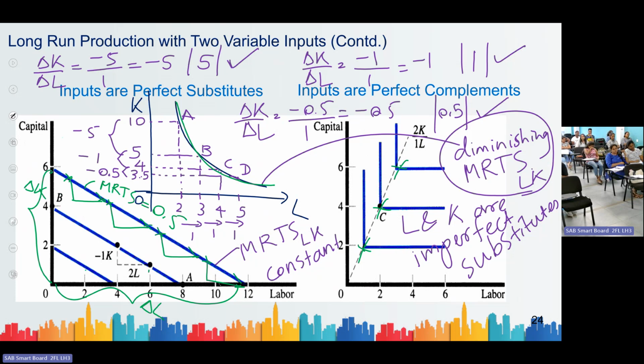For example, let's think about a pharmaceutical company producing a kind of medicine. They have to combine chemical 1 and chemical 2. Chemical 1 is mandatory. Chemical 2 is also mandatory to produce the medicine. So let's say the firm should combine 2 units of chemical 1 and 1 unit of chemical 2 to produce 1 tablet.